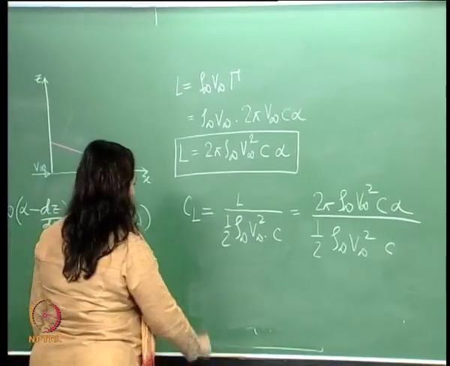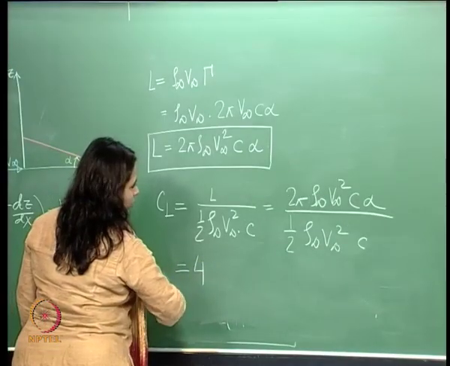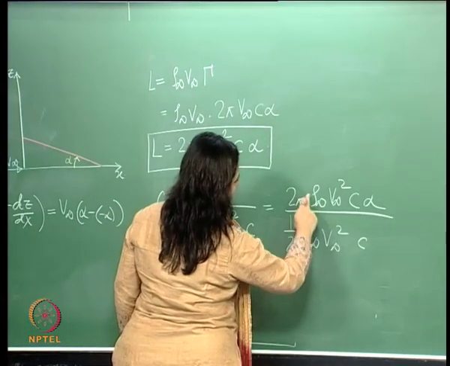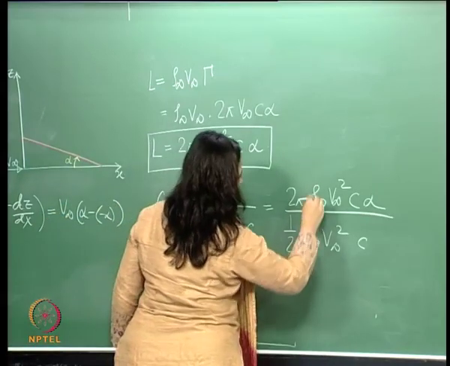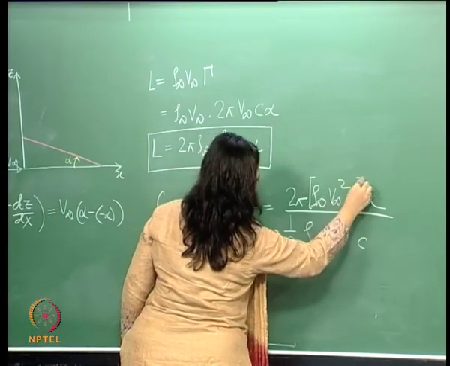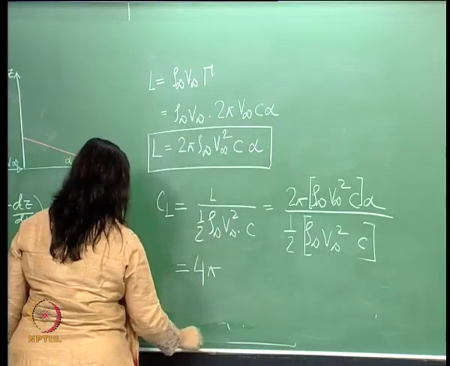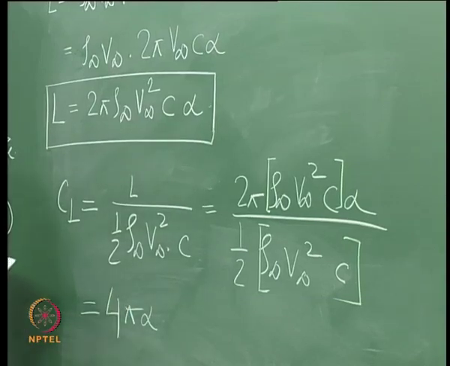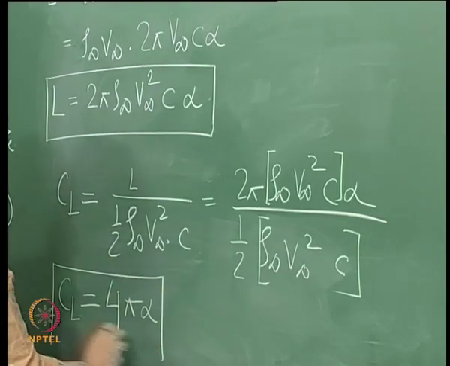What you can see from here is that rho infinity v infinity square and c both cancel out. So, what we get is 4 pi alpha.